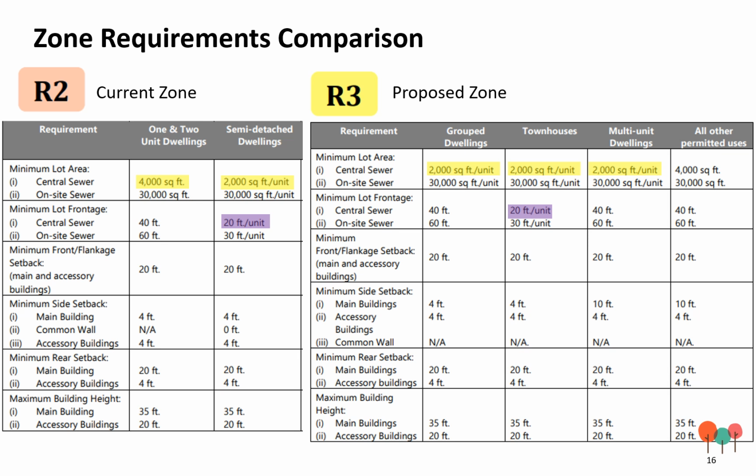So in terms of density, that is generally determined by the lot area or minimum lot area and the minimum lot frontage. So those two factors put together determine how many buildings you can fit on a site in this form of proposal. So when we look at both the R2 and the R3 zone for semi-detached dwellings and townhouses, you will note that the minimum lot size of 2,000 square feet per unit is the same.